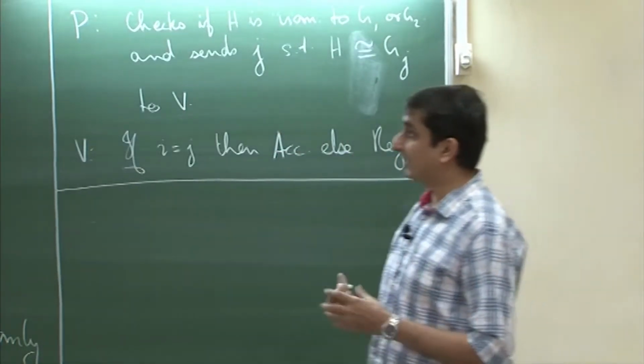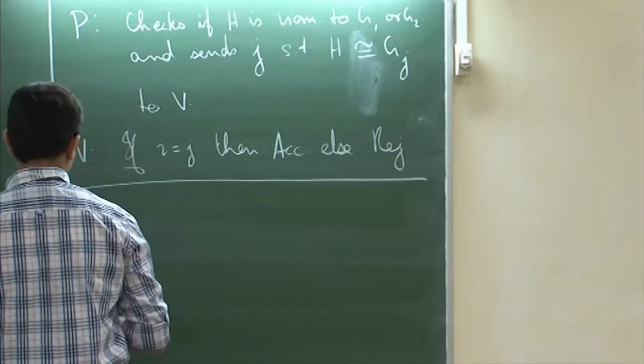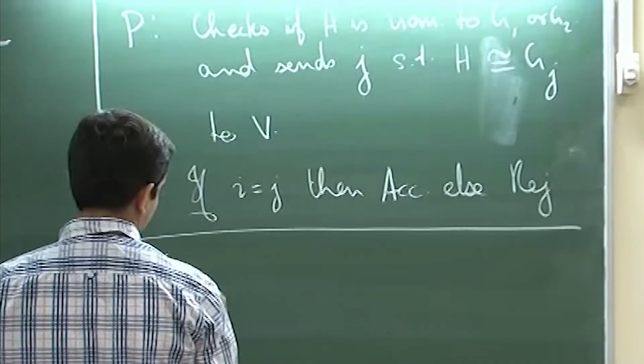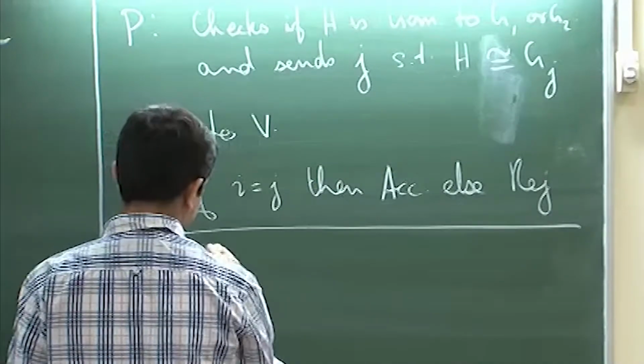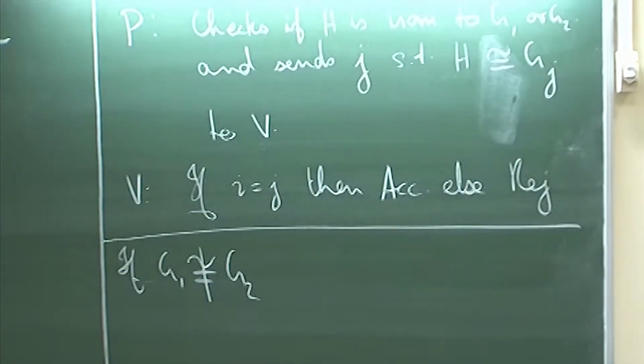So, now let us see that suppose we have graphs G1 and G2 which are not isomorphic. If G1 is not isomorphic to G2, what happens? What can we say?